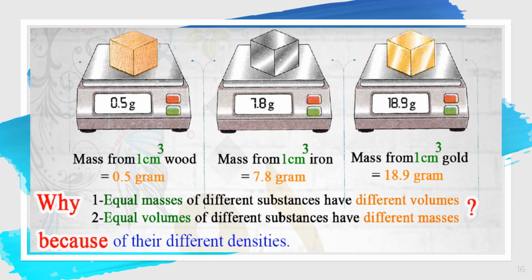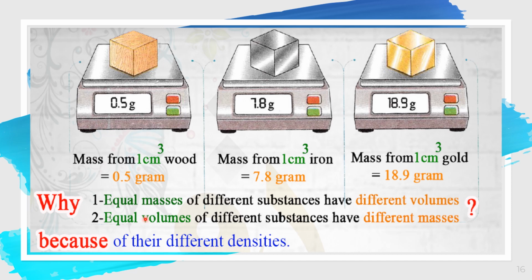So equal volumes of different substances, wood, iron, and gold, have different masses. This number is different from this number, which is different from this number.